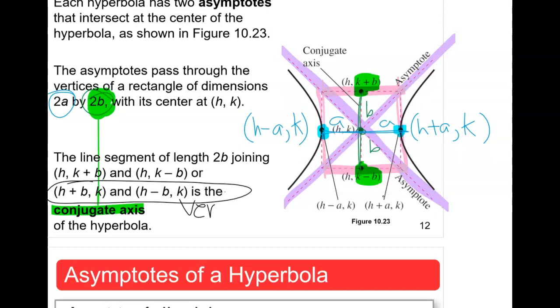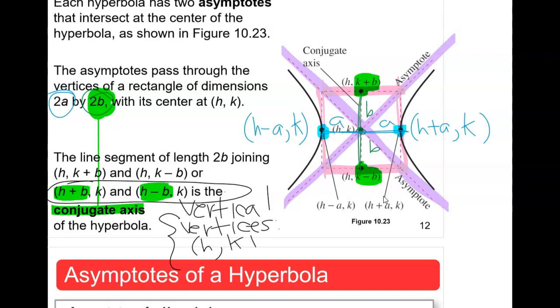So if we had a vertical hyperbola, then the changes to find those points on the conjugate axis will be made with the horizontal coordinate, because remember, for a vertical hyperbola, to find the vertices, you do the change to k.